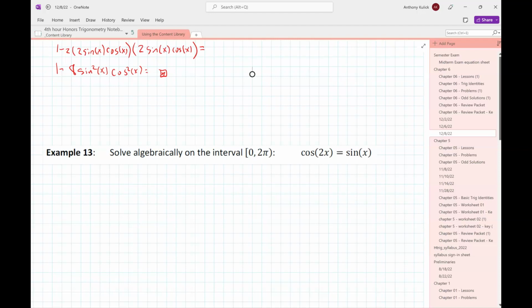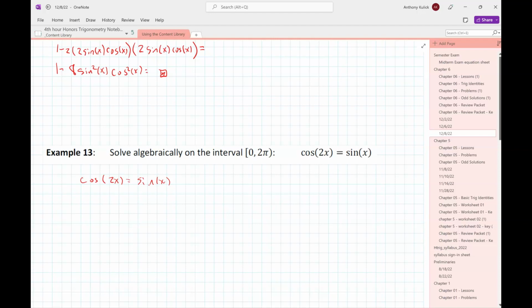So here we're asked to solve algebraically on the interval from 0 to 2 pi: cosine 2x equals sine x. The first thing we need to do is rewrite this so that the variable has the same coefficient in all of my trig functions.